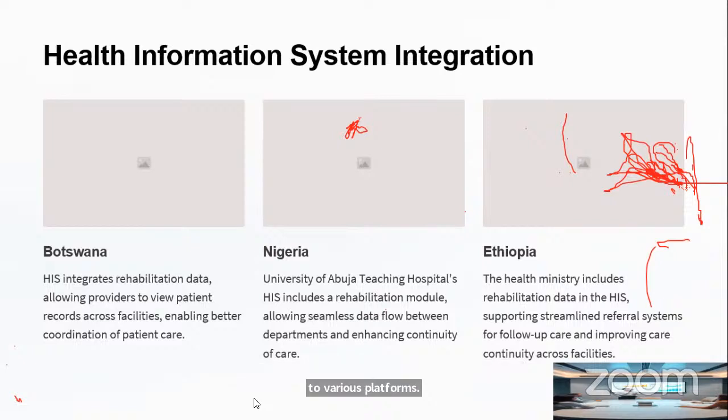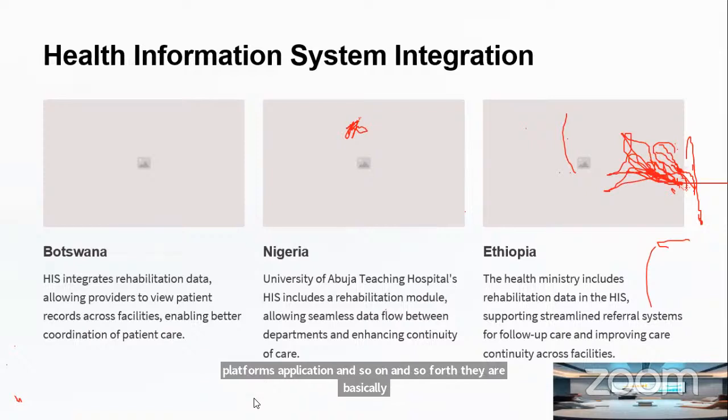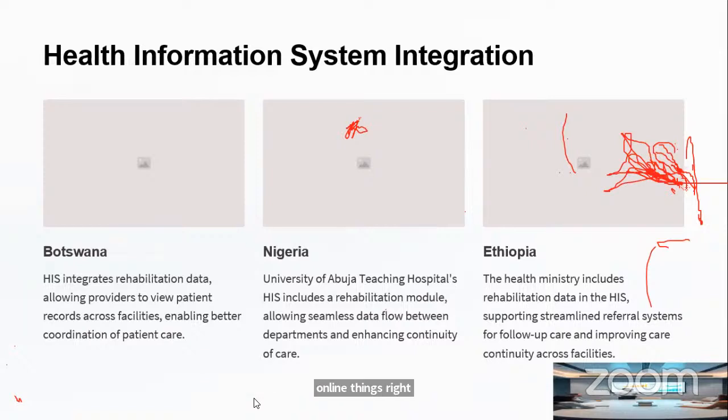There are also applications that you use. All these Google platforms and applications are basically online, and there are offline ways too. You can send to specific personalities that you know, or via email.